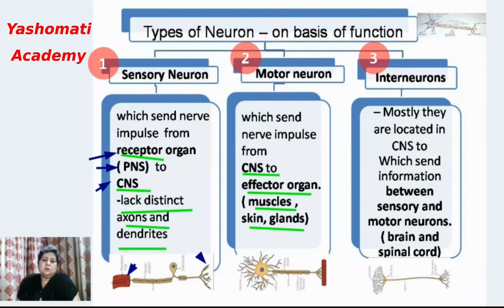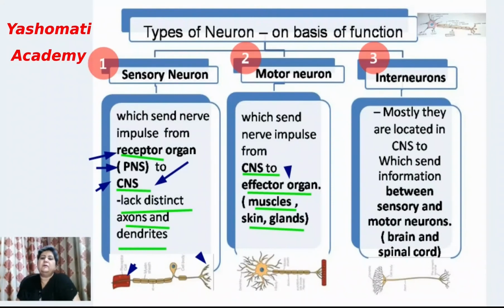So, those neurons which are taking the motor impulse from the central nervous system, that means brain and spinal cord, to the effector organ, the organ which has to show the effect, are called motor neurons. So, I think the difference should be clear to you: sensory neurons carry the sensory impulses from the sensory organ to the central nervous system, and motor neurons take the motor impulses from the central nervous system to the effector organ.